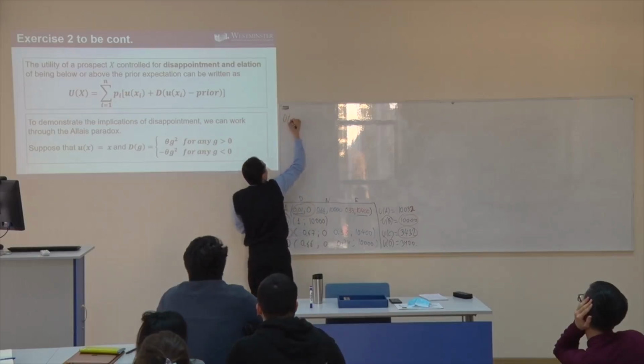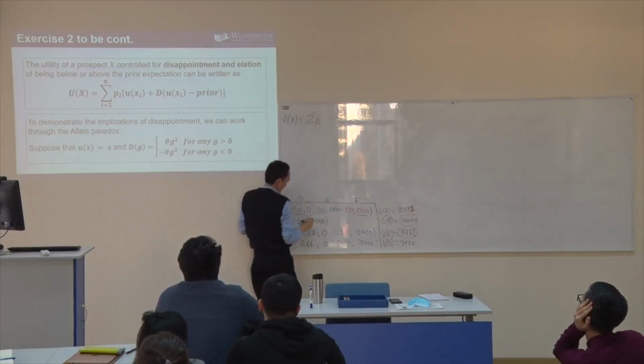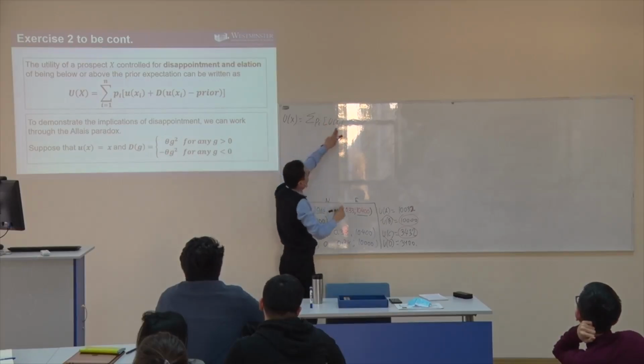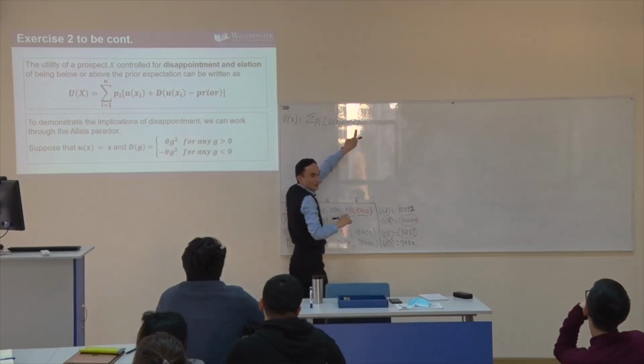So our expected utility, I am saying, is the sum of probabilities, okay, now we have different probabilities, and now we have the payoff, the utilities from different payoffs, plus we have disappointment.